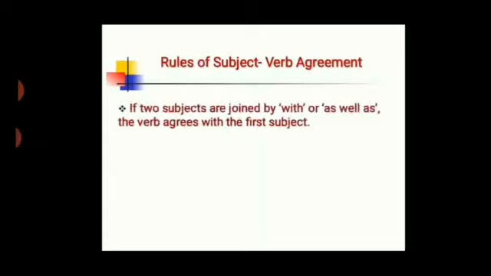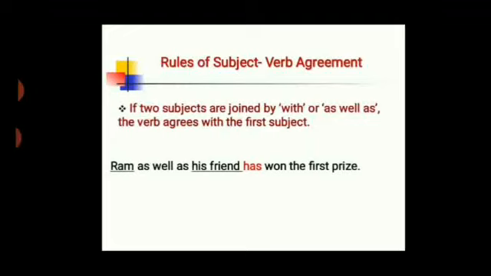If two subjects are joined by with or as well as, the verb agrees with the first subject. For example, Ram as well as his friend has won the first prize. Here, Ram and his friend are two subjects, but the verb agrees with the first subject, which is Ram.